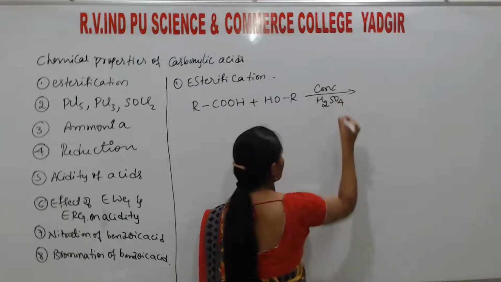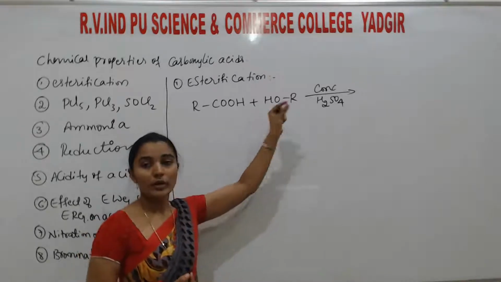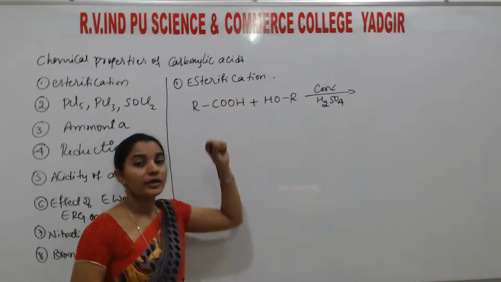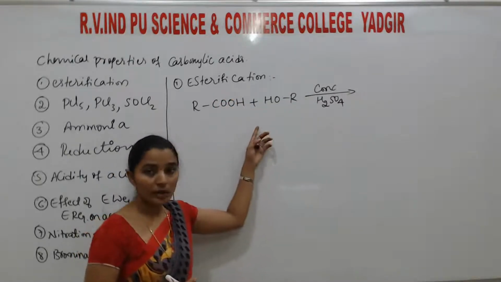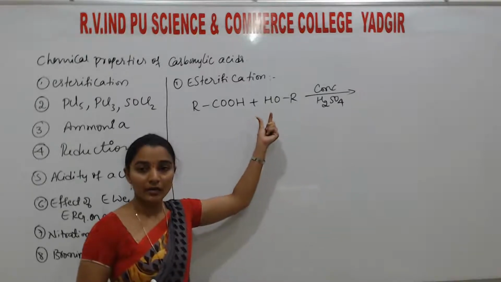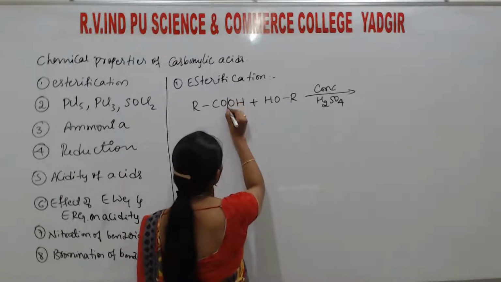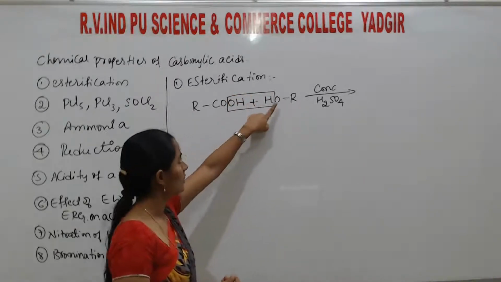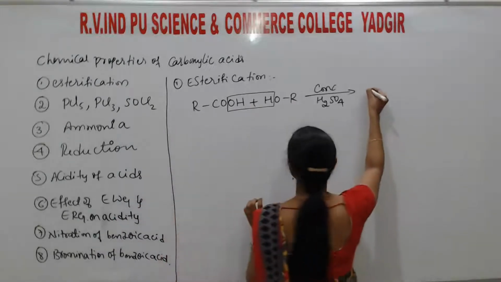The reason for the addition of concentrated H2SO4 is to remove the water molecule. Esterification is a dehydration reaction. Dehydration means a water molecule is removed from the reactants. So OH from here, H from here, or OH from here and H from there. H2O will be removed.